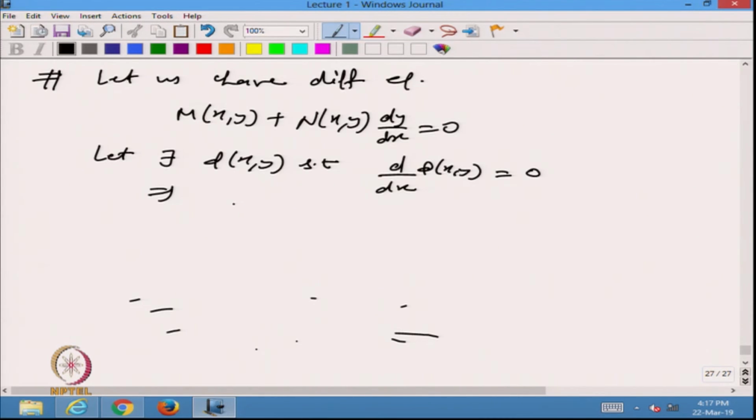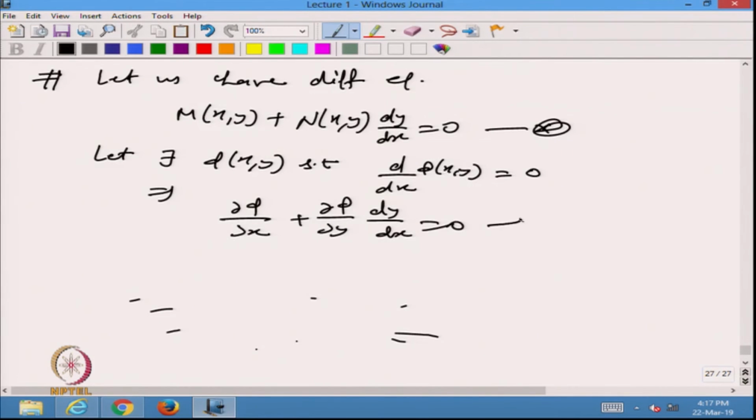So, it will be the total derivative: del phi by del x plus del phi by del y dy by dx equal to 0. So, if I compare this with this, from here I get that if I have this phi, then del phi by del x is equal to M and del phi by del y is equal to N.